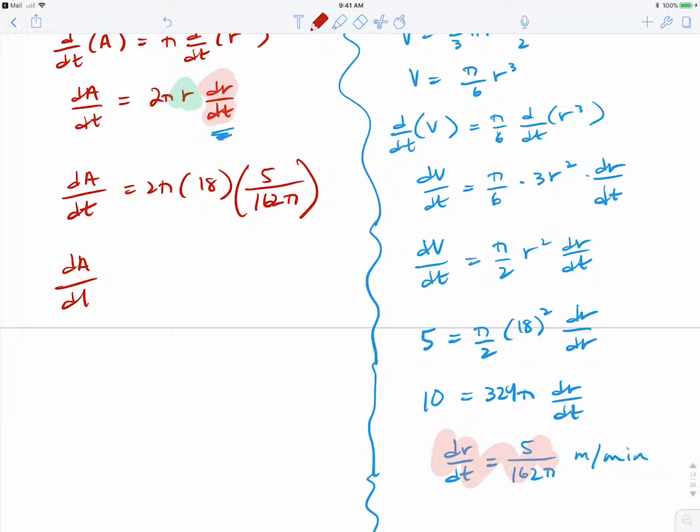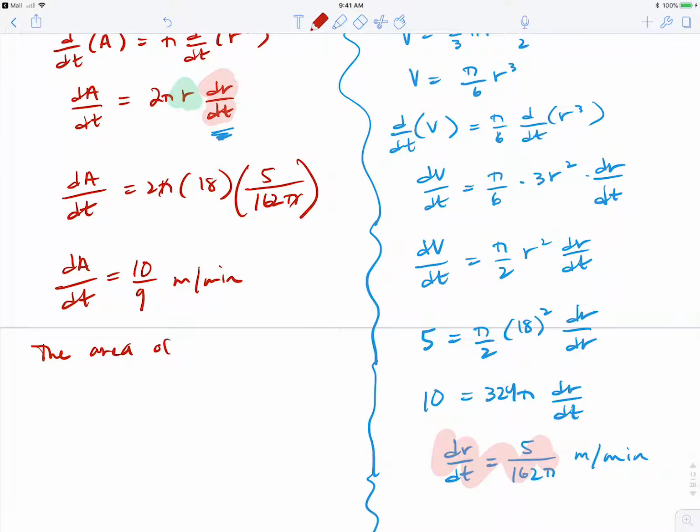Okay, so we get, what is that? We get 10, oh, the pi's will cancel. We get 10/9 meters per minute.